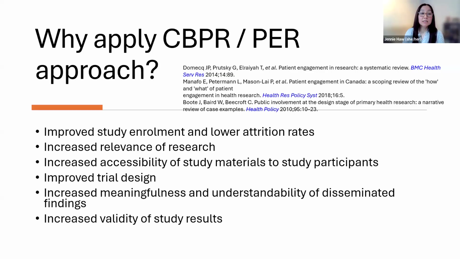So improved study enrollment, lower attrition rates, increased relevance of the research, in particular to the communities affected, increased accessibility of study materials to the study participants, improved trial design, increased meaningfulness and understandability of disseminated findings, and increased validity of the study results. So you can see that there are benefits to applying this approach to health research.